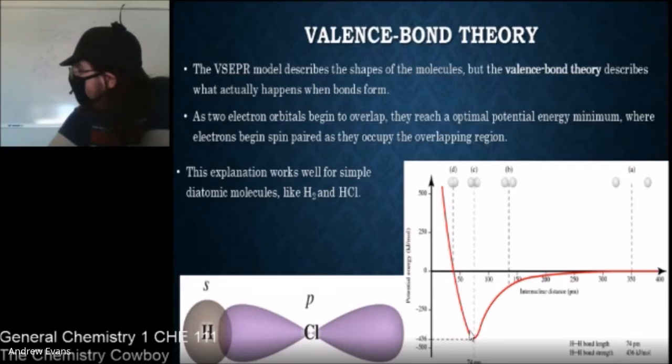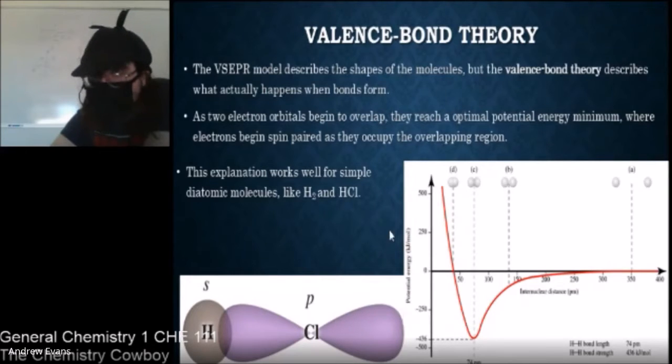And then when we get too close, the energy suddenly goes positive, which means it is not good. Essentially, we go from attraction to repulsion. The nuclei of the 2 atoms are getting too close together, so the positive charge of one nucleus starts repelling the positive charge of the other nucleus, and so they start shooting away. So there's a bond distance that has the best energy of attraction.